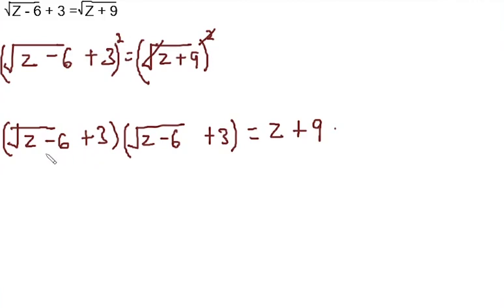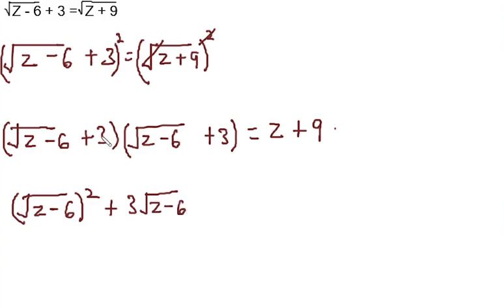So if I'm going to simplify the left hand side, I'll be saying square root of z minus 6 times square root of z minus 6. So I'll be having square root of z minus 6 squared. So I have square root of z minus 6 times 3. So this is plus 3 times square root of z minus 6.